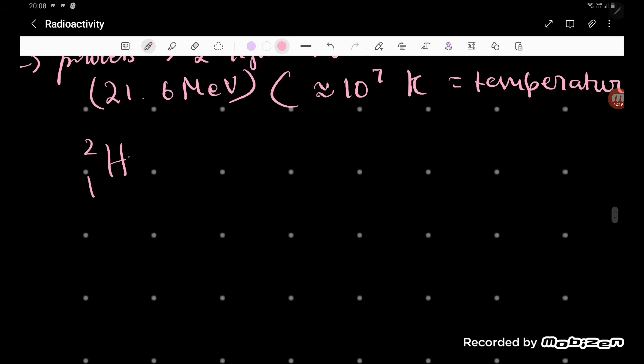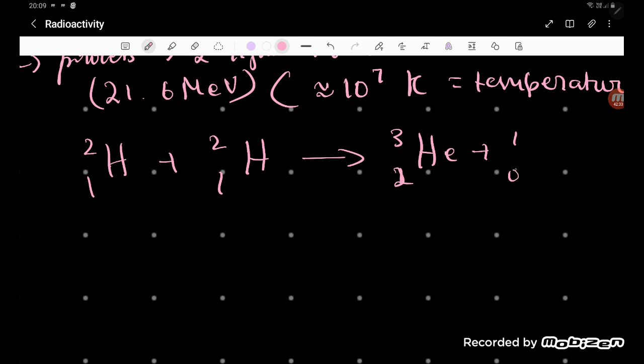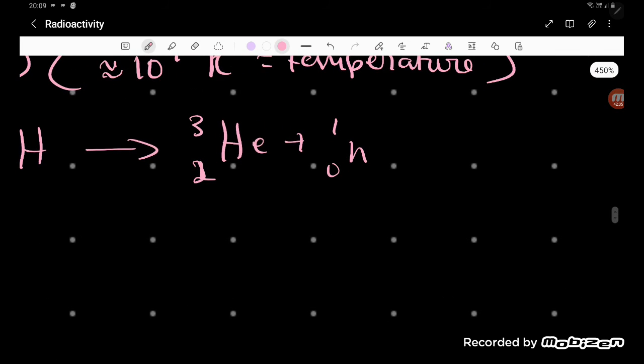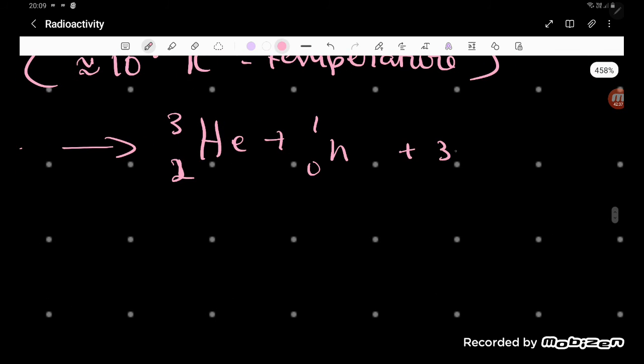So hydrogen 2 1 plus hydrogen 2 1, these are deuterium, combine to form a helium isotope 3 2 and a neutron, and this gives you 0.33 mega electron volts.